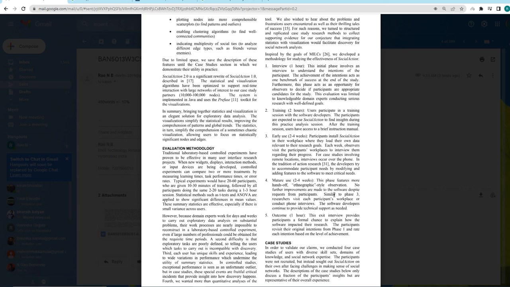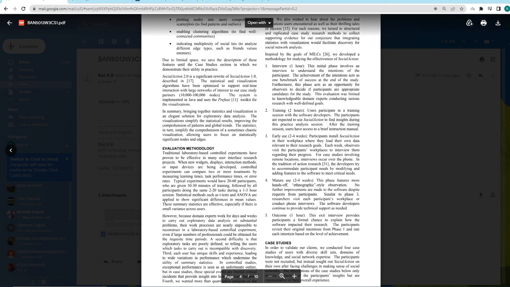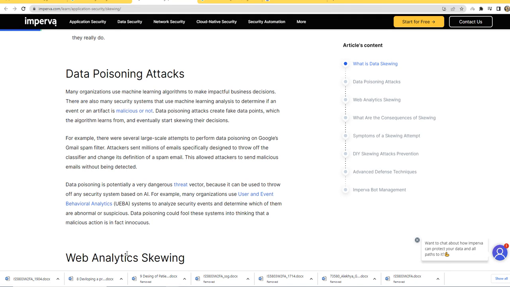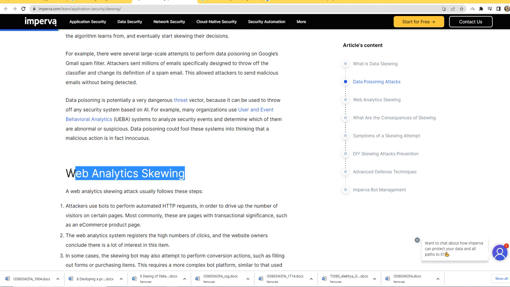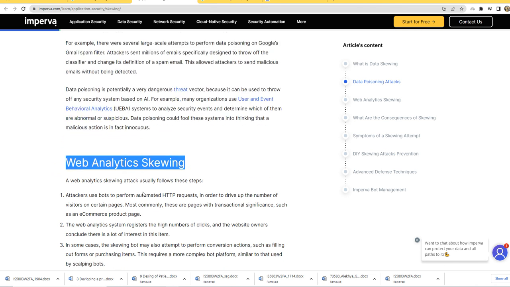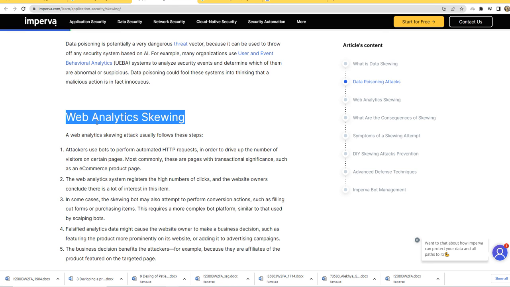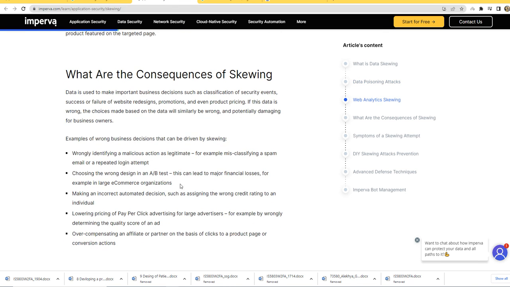So the data will be stored on some kind of data servers. So there is a possibility of a web analytics skewing attack. Okay, this kind of skewing attack can happen. So you write what is meant by web analytics skewing and what its consequences are.